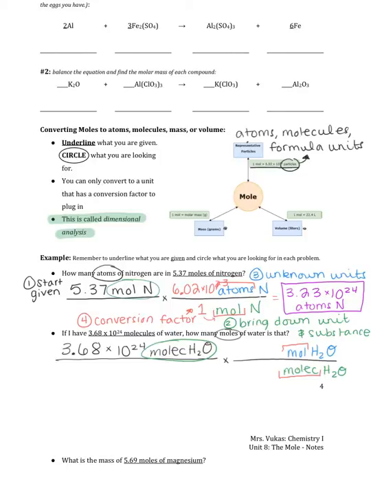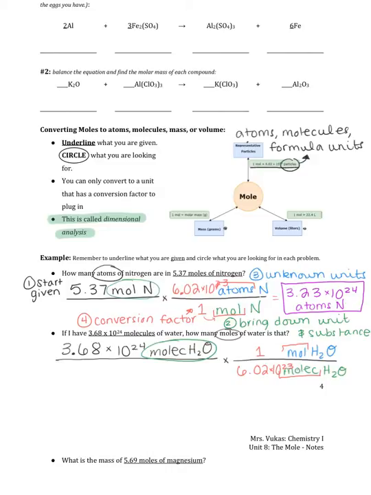Now, remember we said that the number goes with the unit. It's not necessarily always in the numerator or always in the denominator. So for this particular question, 1 mole goes on top, and then 6.02 times 10 to the 23rd is in the denominator.